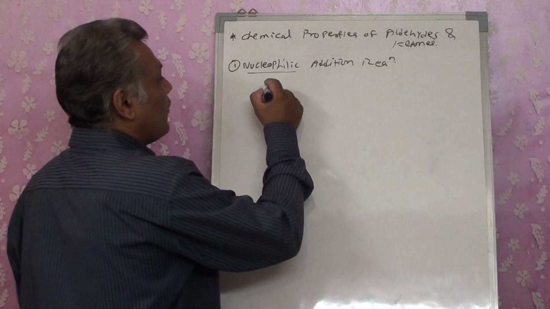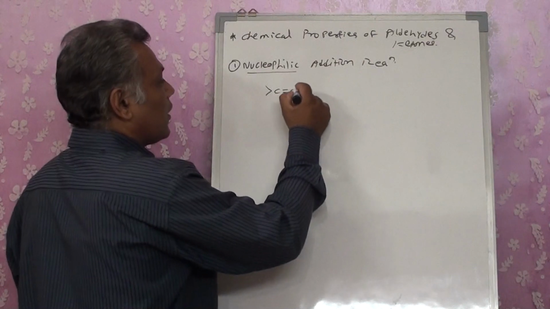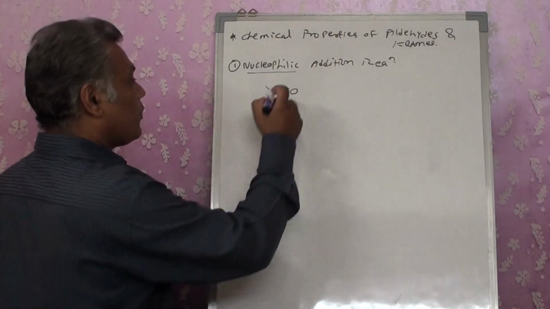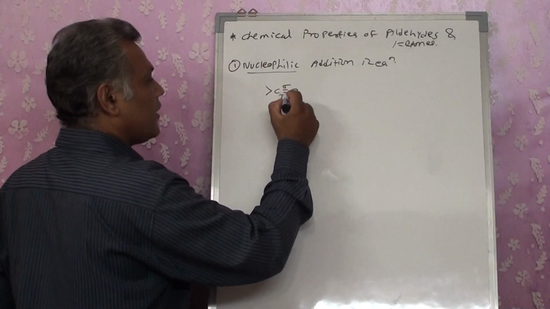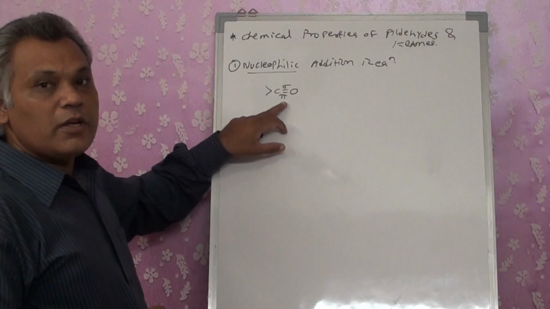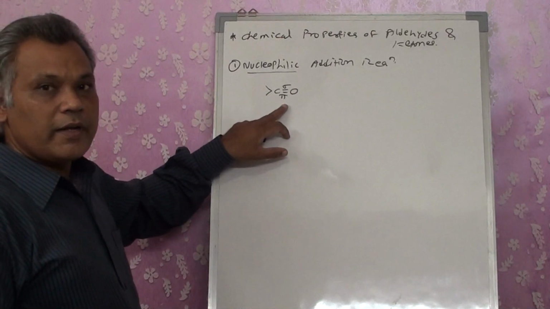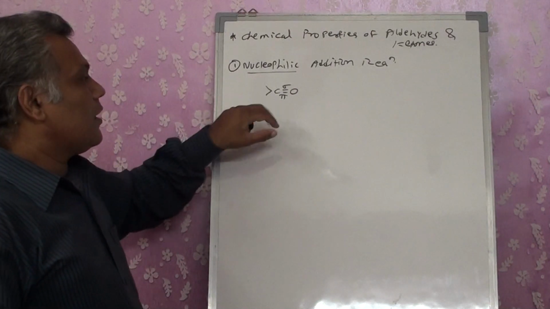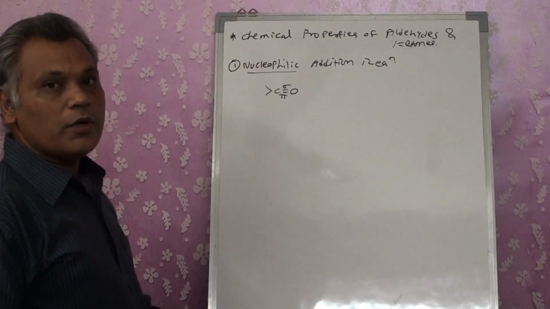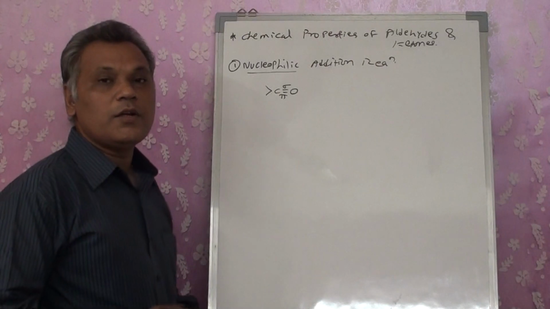Aldehydes and ketones have a carbonyl group. The reaction within this carbonyl group takes place because it has a pi bond. The pi bond is a weaker bond, so it is broken very easily, and the nucleophile is going to attack the carbonyl group, so the reaction is termed a nucleophilic addition reaction.